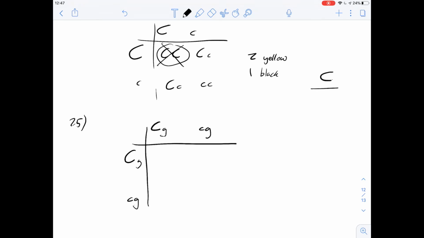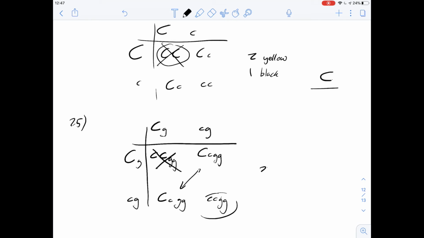If we put these together then, we see we've got two capital C's here, so that's our unviable option, and that means we've got two yellow spotted offspring and then one black spotted offspring.